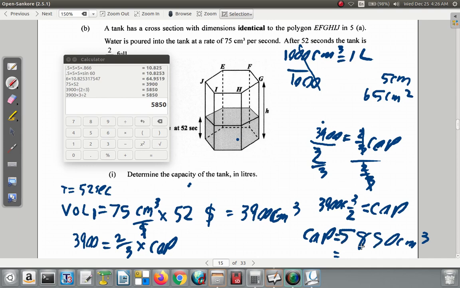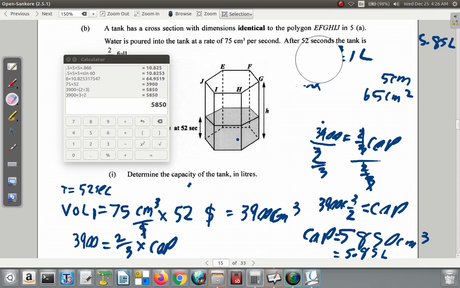So you do the same thing here. Divide the 5850 by 1000. So you get 5.85 liters. I'll just write 5.85 liters. And that's the capacity of the tank. I just put it up there in case I need it later on.